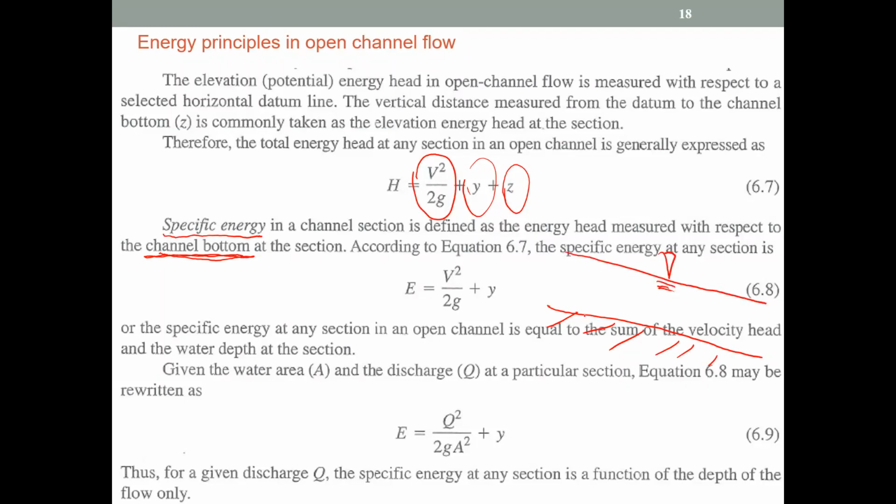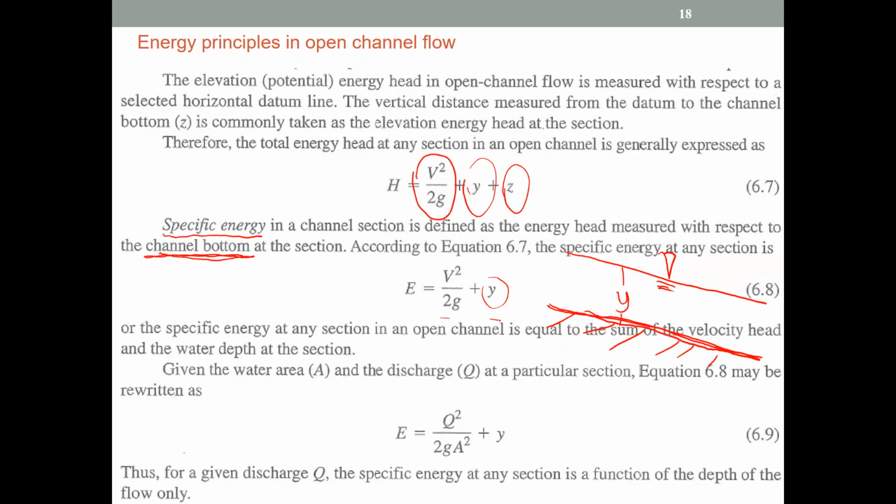We consider this channel bed as our datum. So the specific energy is defined as the velocity head plus the water level. What is this water level? It is this one. You calculate the velocity head and add it to the water depth. That is known as the specific energy.